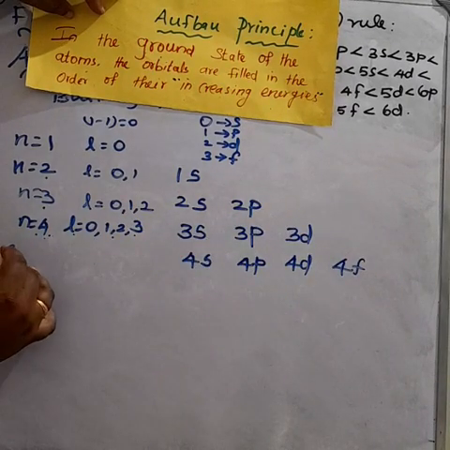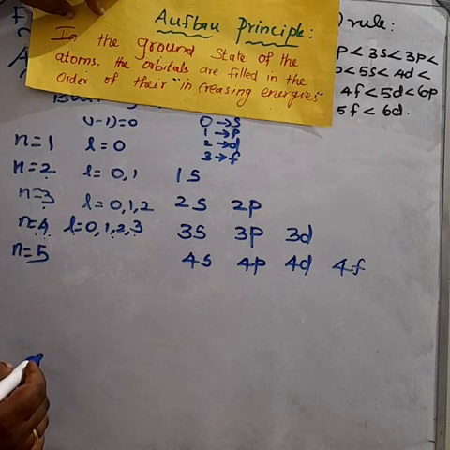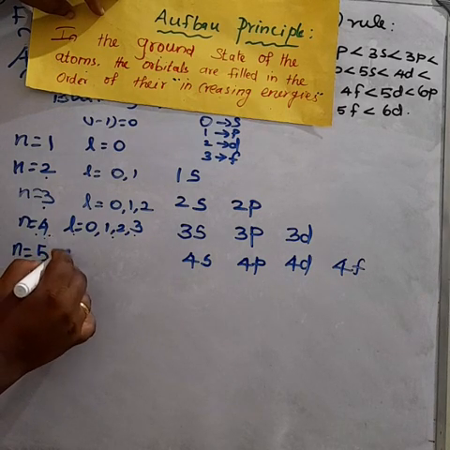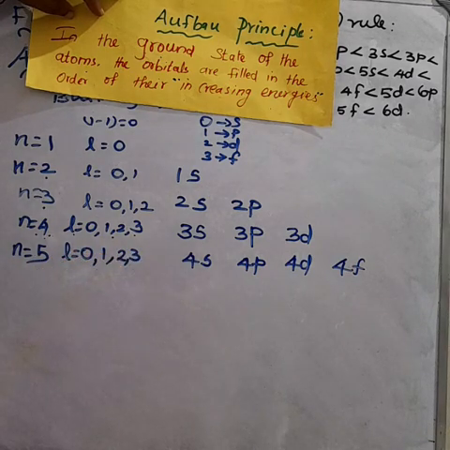n is equal to 5 means what is the l value? 0, 1, 2, 3 and 4. Up to 4 we can write. Okay.